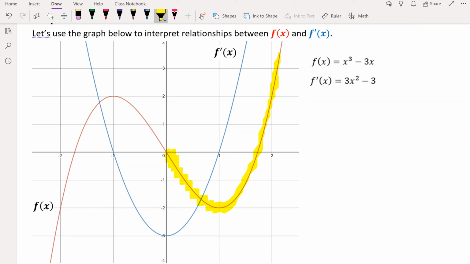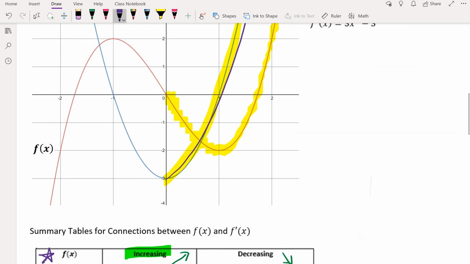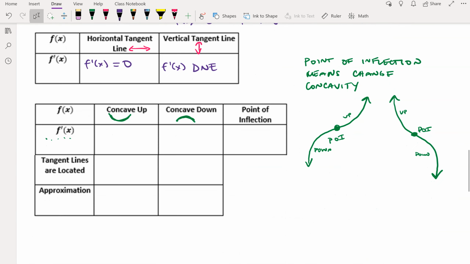And then what is true about f prime, which is the blue graph? What's true about this graph that entire time? Well, I would say that f prime is increasing. This blue graph is continuing to go up. So we're going to go back down and say if f of x is concave up, f prime of x is increasing.